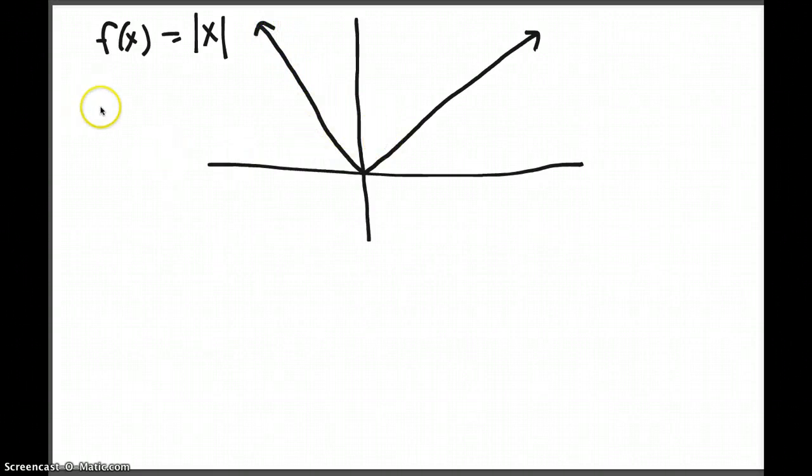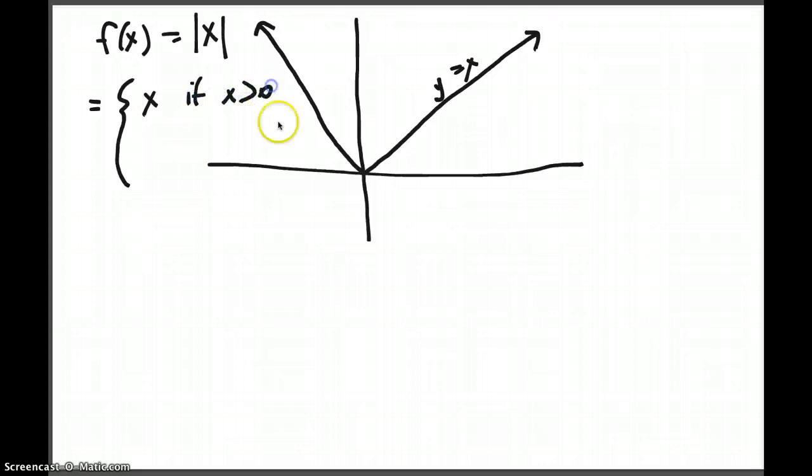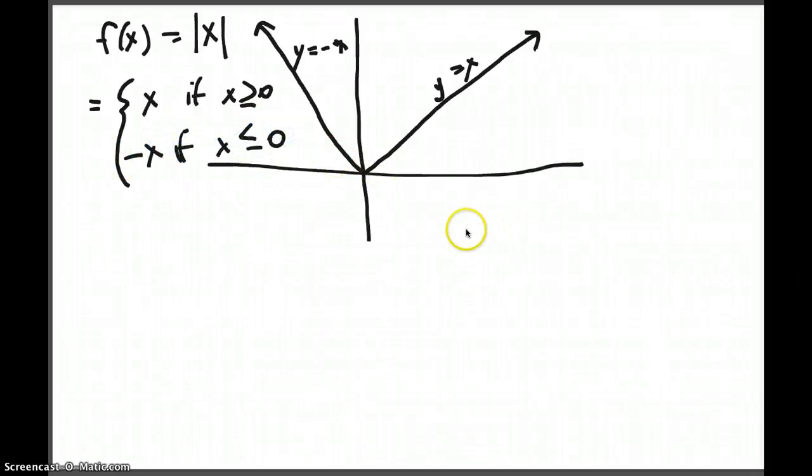Pretend they're symmetrical. Now, I can redefine this. It's really easy to redefine. I can call it the line y equals x as long as x is greater than or equal to 0, it doesn't really matter where that one goes. And I can redefine this one as the line y equals negative x if x is less than or equal to 0.